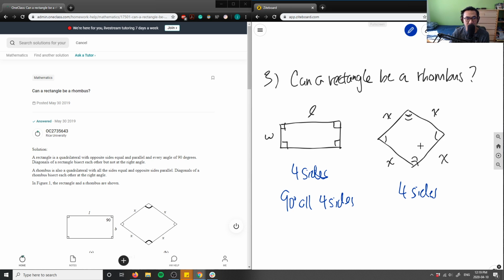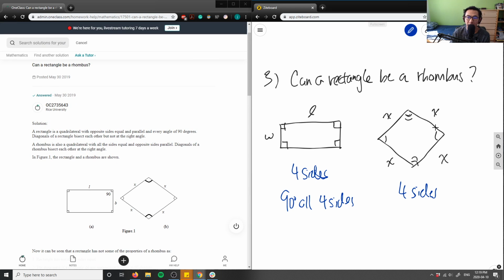The angles differ, but in this case, the angles are the same for 2 sides and the same for the other 2 sides, but they don't have to equal each other. They could be 90 degrees, but they don't have to be.